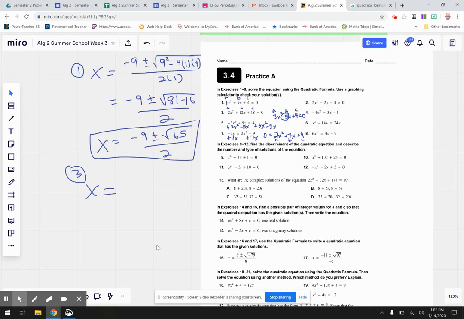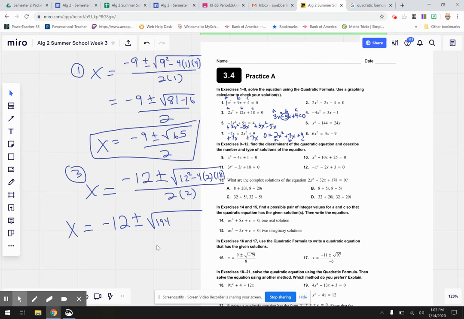Now b is 12, so negative 12 plus or minus the square root of b squared, which is 12 squared, minus 4 times a, which is 2, and c is 18, all over 2 times 2, which is 2a, so a is 2. So now it just comes down to simplifying. So you're going to get negative 12 plus or minus, and 12 squared is 144.